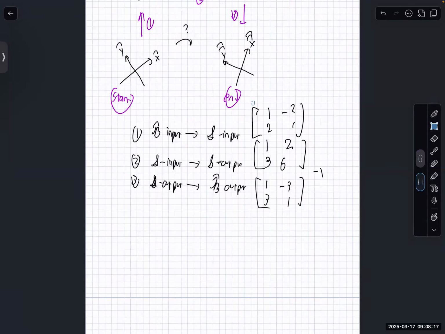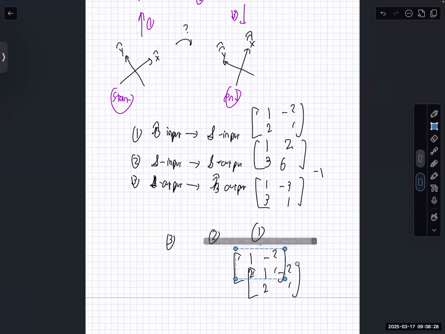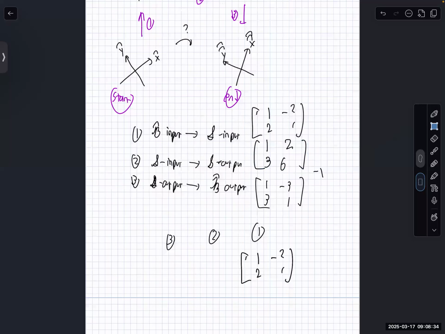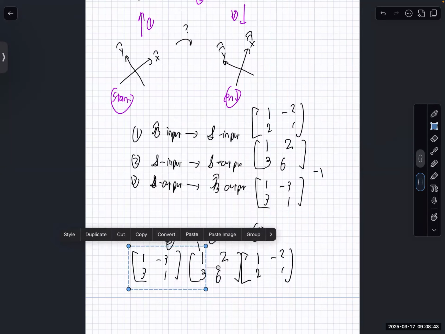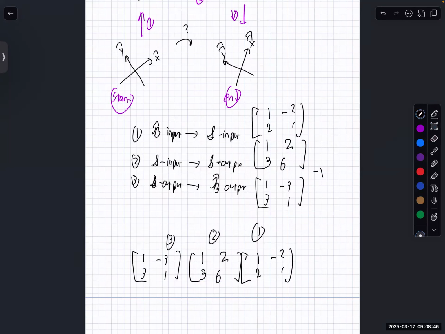And then when you put all this together, remember the right order. And I'll let you fill in the details.